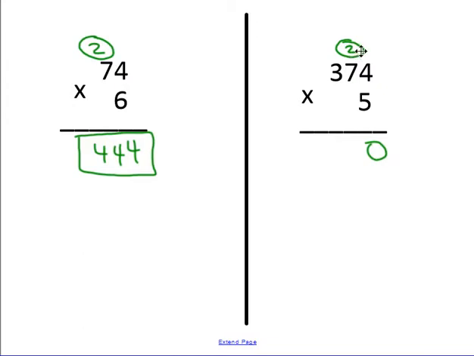So 35 plus 2 is 37. So I'm going to carry my 3 and put my 7 down here. 5 times 3 is 15, but I have my 3 that I carried. 15 plus 3 is 18. And that is my final answer because I have nothing left to multiply.